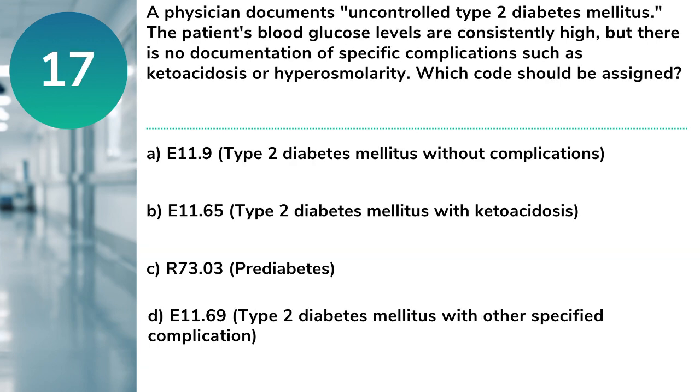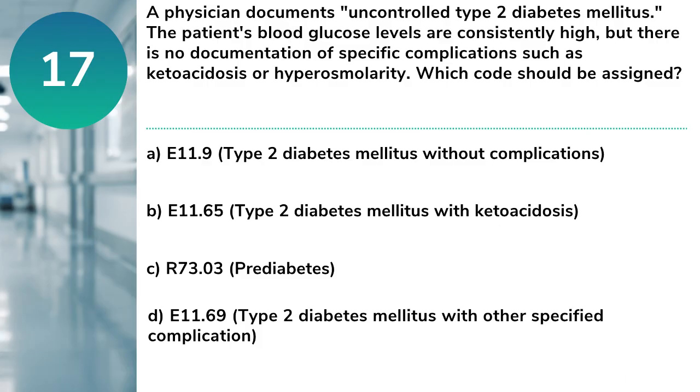Question 17. A physician documents uncontrolled type 2 diabetes mellitus. The patient's blood glucose levels are consistently high, but there is no documentation of specific complications such as ketoacidosis or hyperosmolarity. Which code should be assigned?